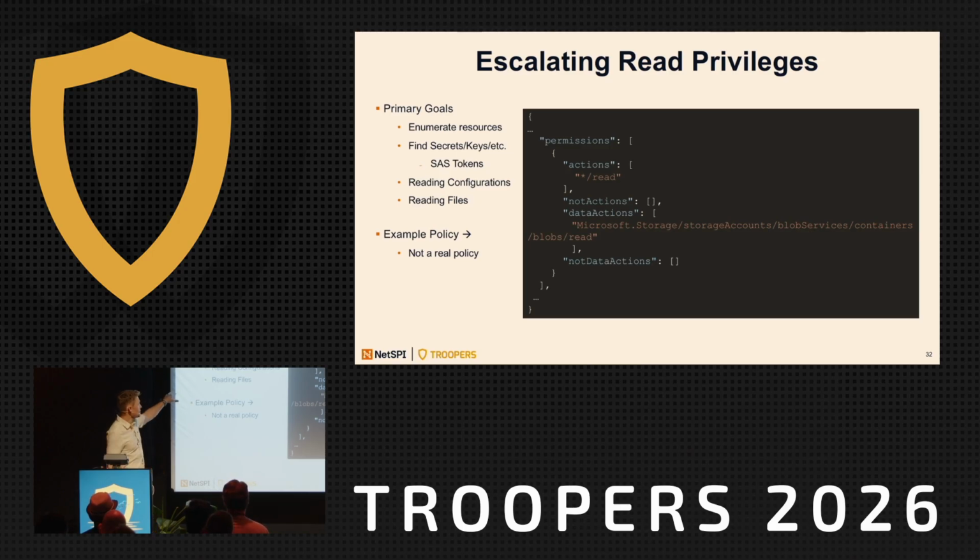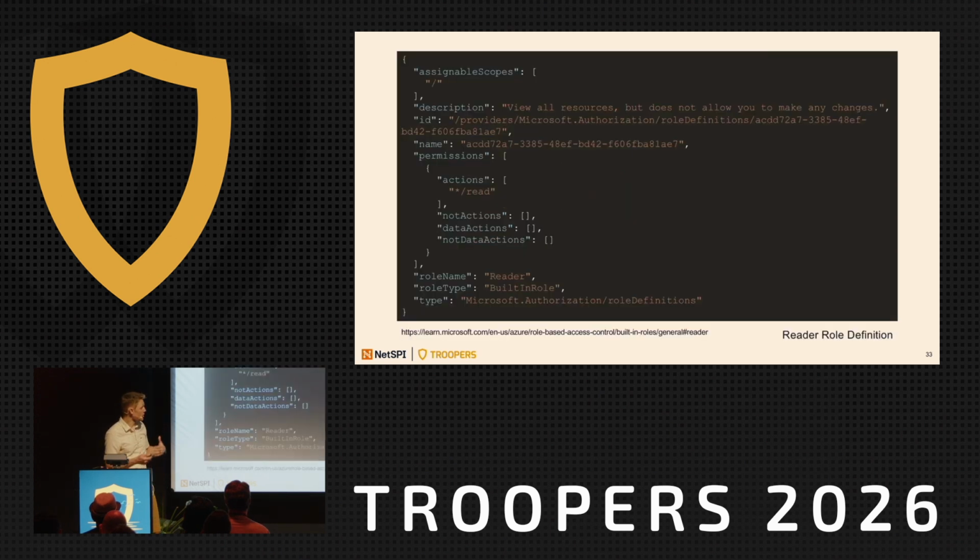Additional configurations and potentially files, depending on the service type, can expose additional credentials, and we start going through this loop again. Not a real policy, just wanted to give some example read actions or data actions here as well. Here is a real role definition for the reader role, and I wanted to share this one.